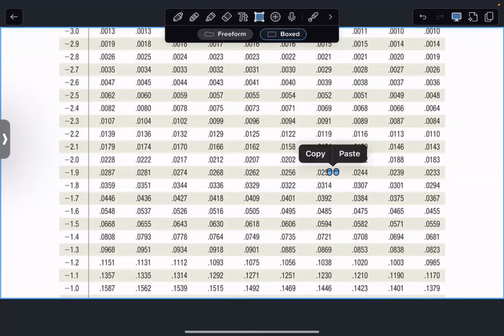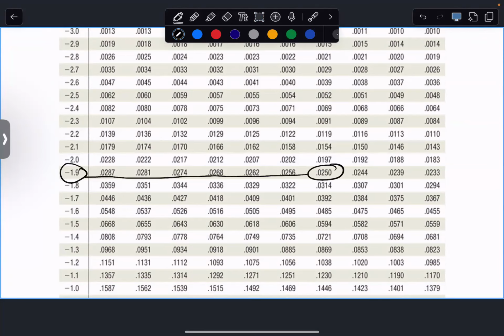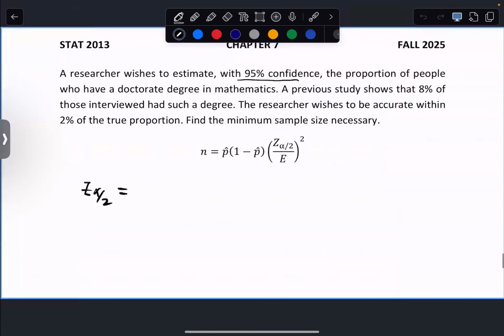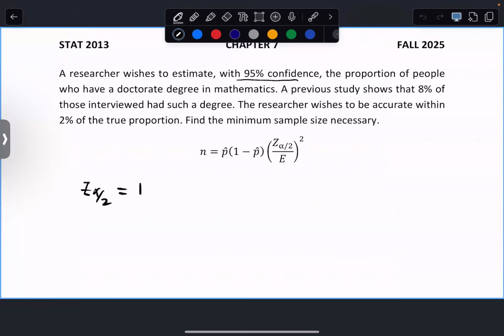We trace here, we get 1.9, trace here, so that will be 1.96. So now we have our Z alpha on 2 to be 1.96.